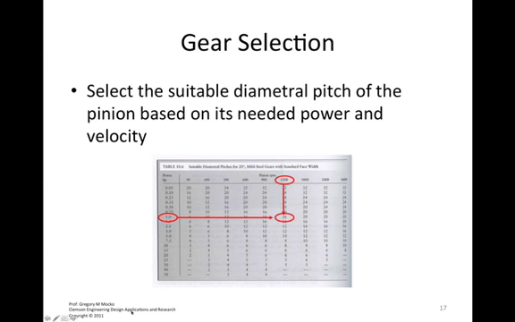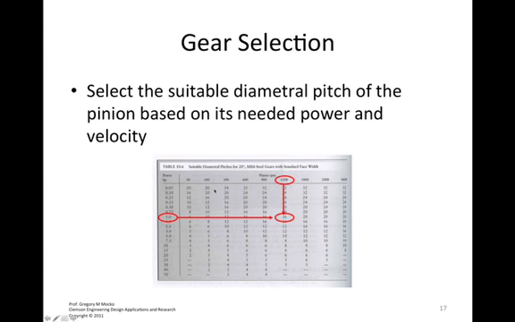In this case, it's the row of 1 horsepower, and we want to transmit that 1 horsepower at 1200 RPM. The cell at the intersection of 1 horsepower and 1200 RPM specifies a suitable diametral pitch, and in this case the diametral pitch is 16.